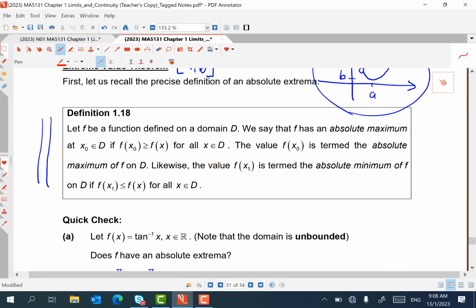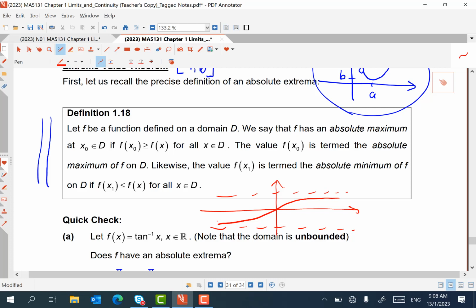The first quick check says: does f have an absolute extrema? You know how the inverse graph looks for tangent? The tangent inverse graph looks like this, with minus pi over 2 and pi over 2.